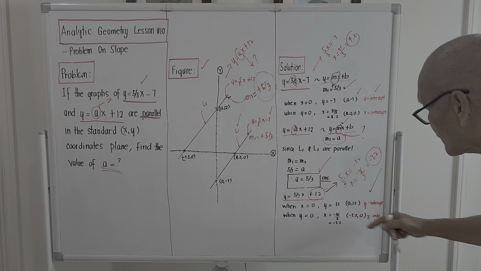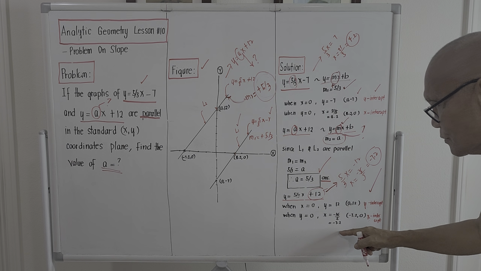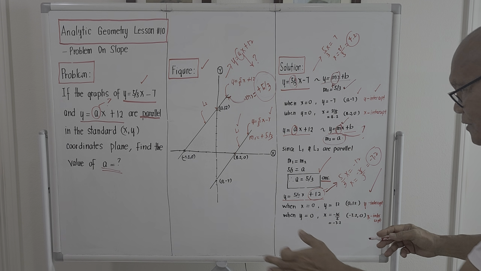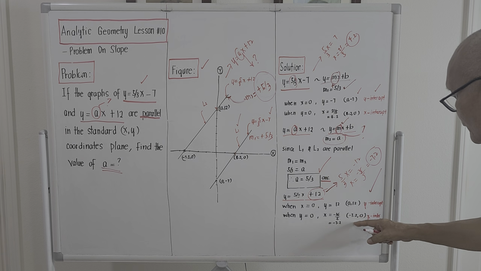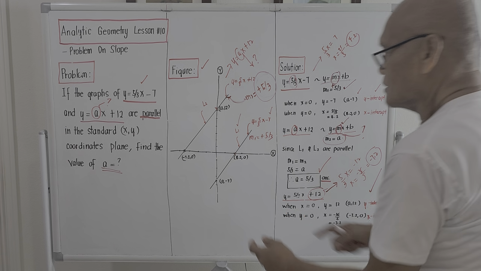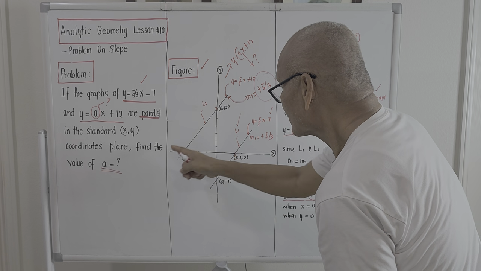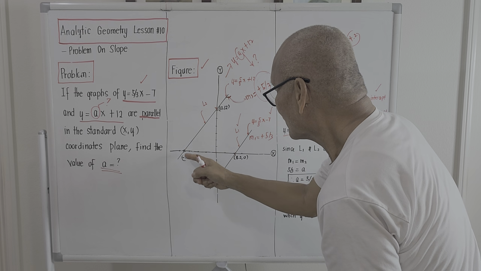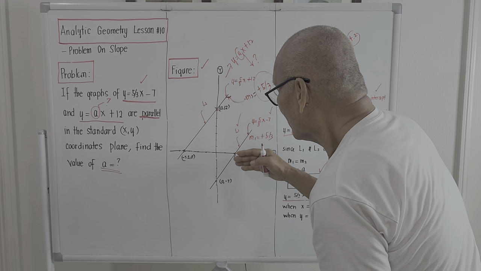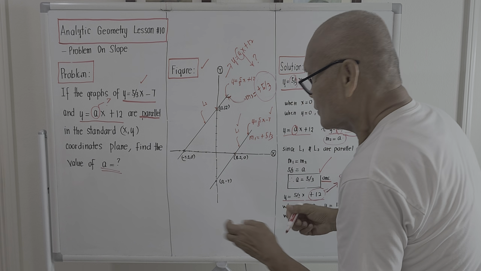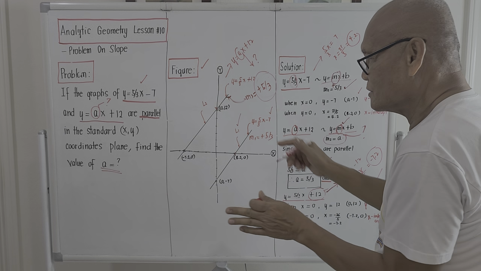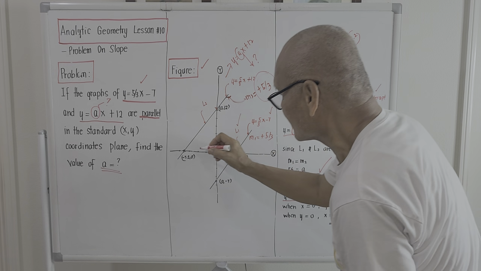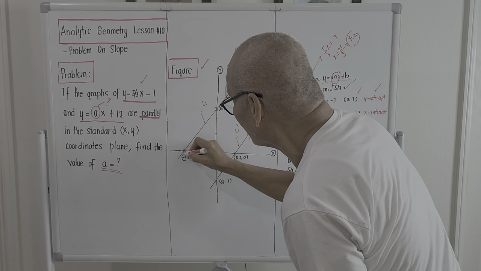So when y is 0, x is negative 7.2. So the x-intercept is at the location negative 7.2 and 0. This is 2, 4, 6, 8. 7.2 may be something here. And the ordinate is 0. So the location in which the second line crosses the x-axis is actually at this location.